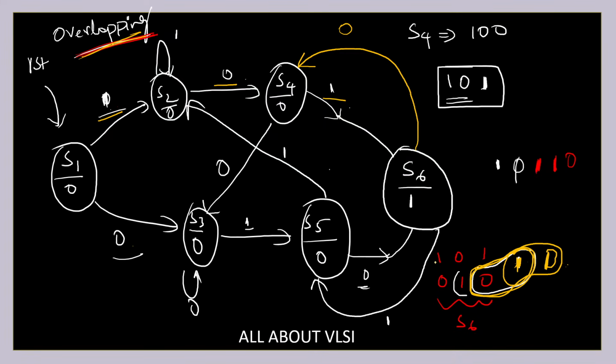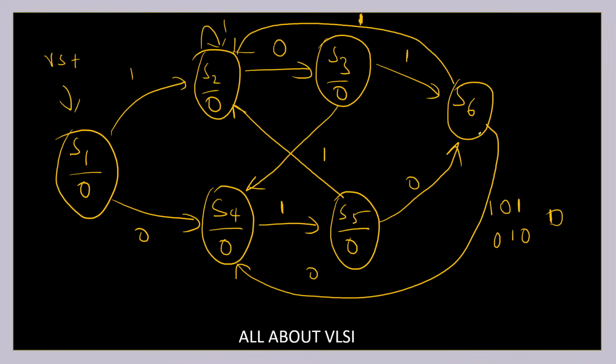I'm talking about this particular sequence 1, 0, 1. I've entered into S6, and if I got one more 1, I've entered into S5. And if I got 0, then my sequence is getting 1, 1, 0. So nowhere sequence is getting matched. So I'm entering into S6 and making my output is equal to 1. That is invalid. So that's the reason I'm just jumping into S2 or S4.